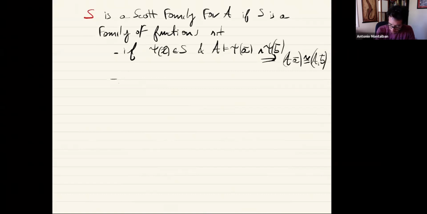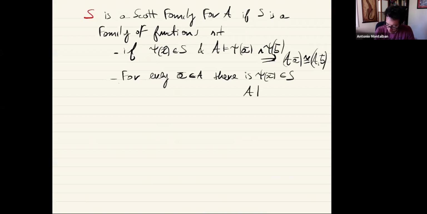And for every a in A, there is a formula psi in S such that A models psi of a. So essentially a Scott family is a set of all formulas that define the orbits of the elements of the structure.